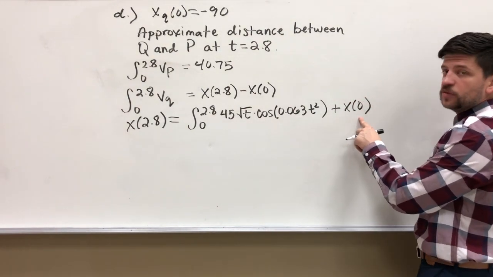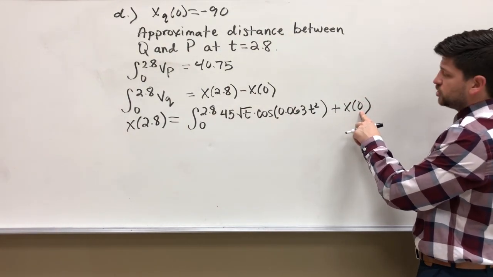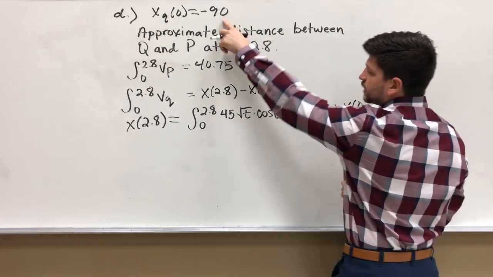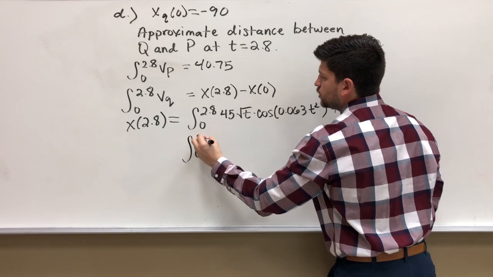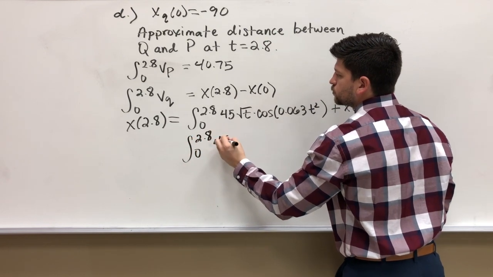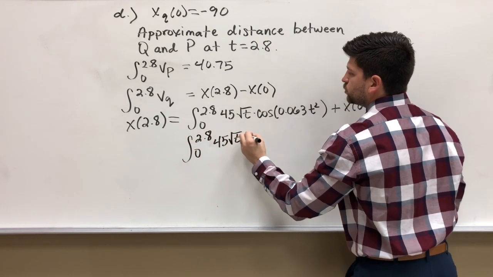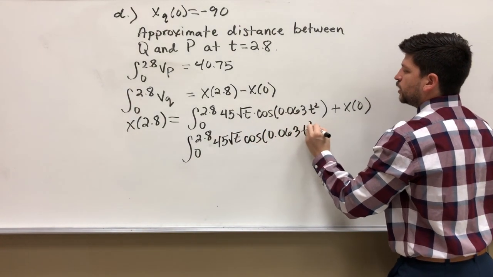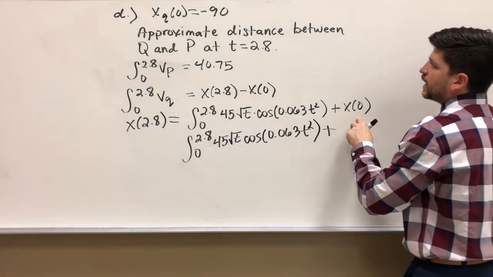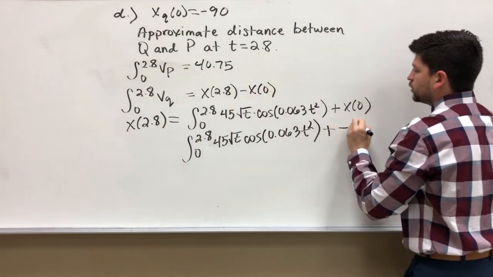So again, this problem is with the calculator, so I can find this integral using the calculator, and they give me the starting position of Q. It is negative 90. So I'm just going to integrate this function using my calculator. We do not want to do anything by hand if we don't have to. And then all I'm going to do is add my negative 90.